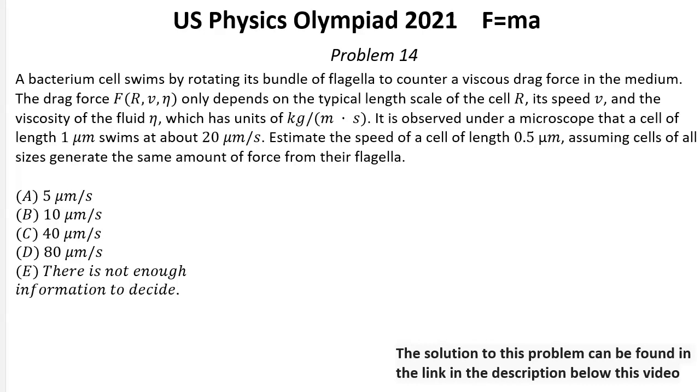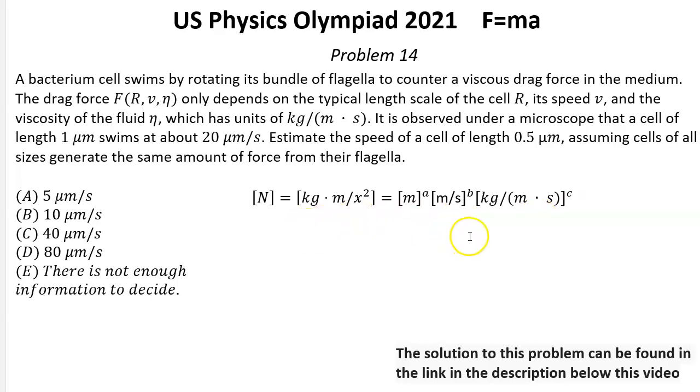Solution for problem number 14. Using dimensional analysis, we can see that force scale F could be found from this equation. Here on the right we have a combination of different powers for R, v, and nu.